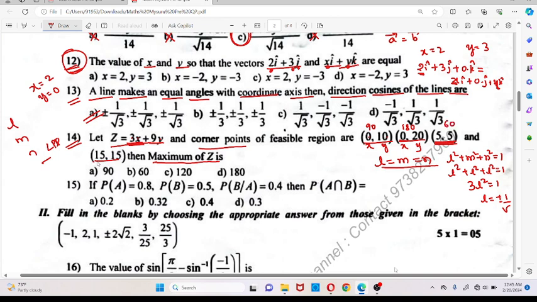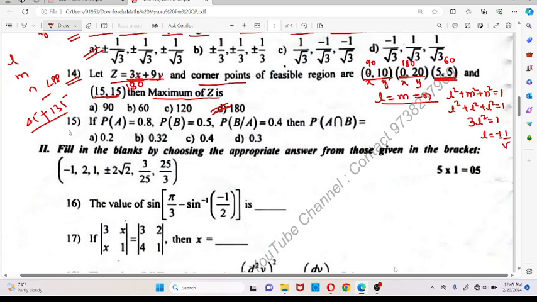And if you put 15, 15, 15 into 3 is 45 plus 15 into 9 is 135. If you add these two, again you will get 180. So by these you will get 180 as the maximum value. If they ask for the minimum value, definitely it is 60. Maximum value will be 180.